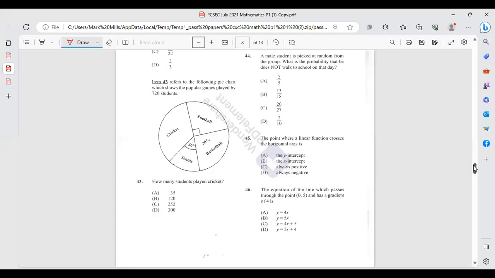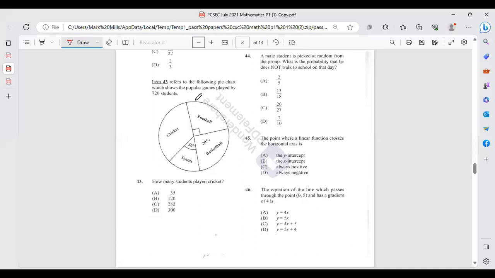Sir, so you'd add up. Okay, so to get the angle of the basketball, you'd find 30% of 360. Okay, so first of all, we find 30% of 360.